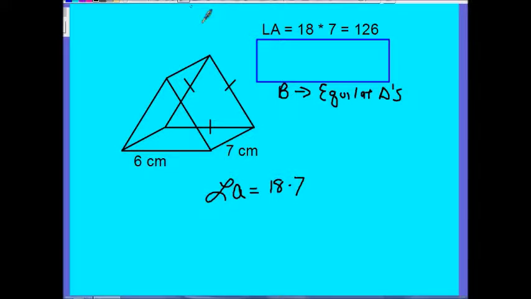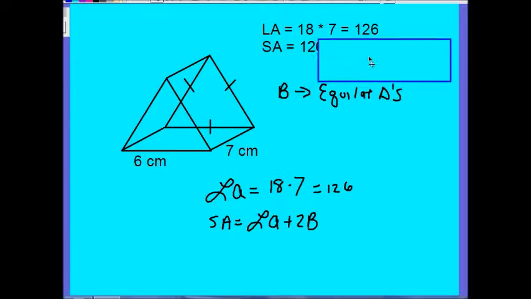So here we go. The next part is going to be that surface area. Our surface area is going to be our lateral area plus 2 times the area of the base. Now, we know what our lateral area is. It's 126. We have to find out what the area of my base is. So let's go ahead and take one of those triangles and draw it out to the side.